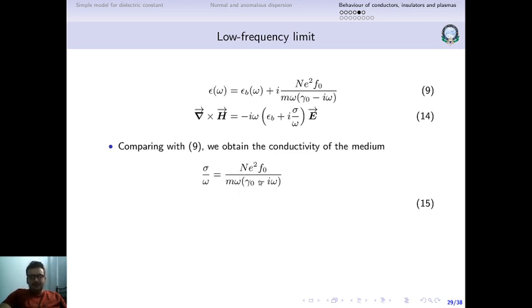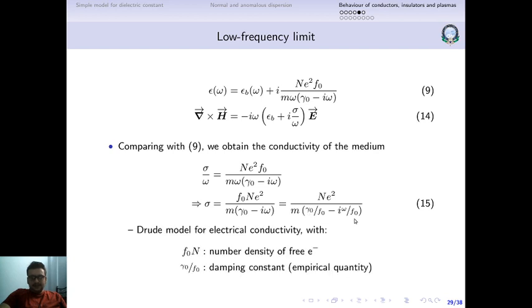So from here we get sigma, which sometimes we write as N e squared by m, gamma_0 by f_0 minus i omega by f_0. This is essentially the Drude model for electrical conductivity, which you probably would have come across in your course in condensed matter physics.